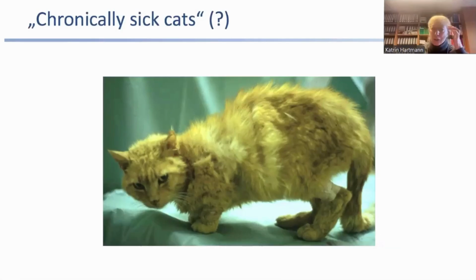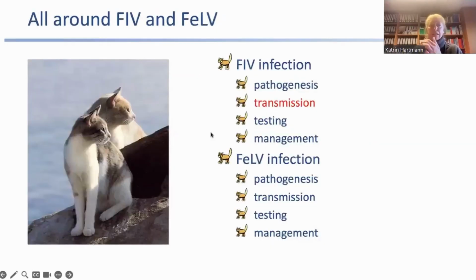And we thought, oh my God, this cat is FIV infected, so this cat is very sick. But today I know FIV does not cause something like this. There must be a secondary or unrelated condition, and we need to find it and treat it. It's not FIV itself.